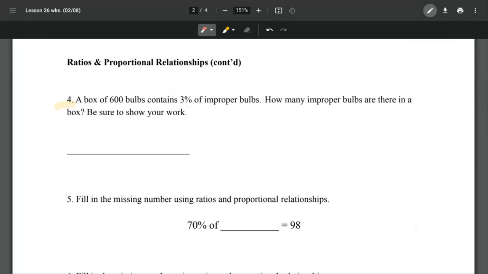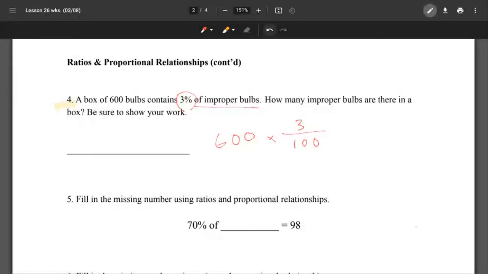We're continuing with ratios and proportional relationships. And number 4, a box of 600 bulbs contains 3% improper bulbs. How many improper bulbs are there in a box? Okay, so we have 600, and then 3% of them are improper.